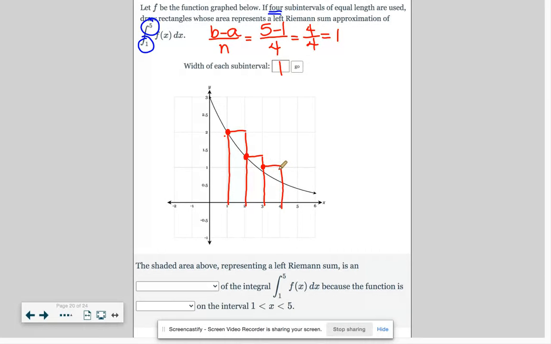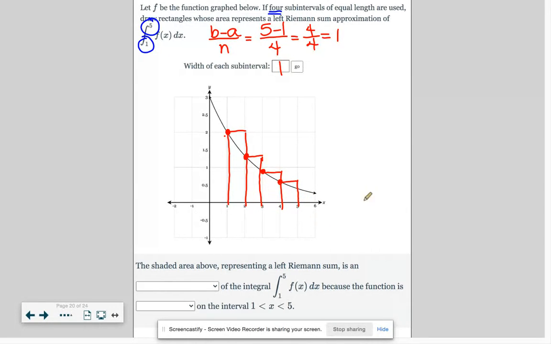See how the corner of each of these rectangles is right on the curve? Well, not that one because I can't draw a straight line. The corner needs to be right on that curve each time, okay? And you have 4 subintervals, so you have 4 rectangles.